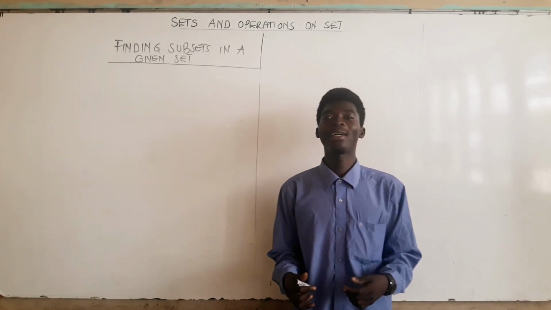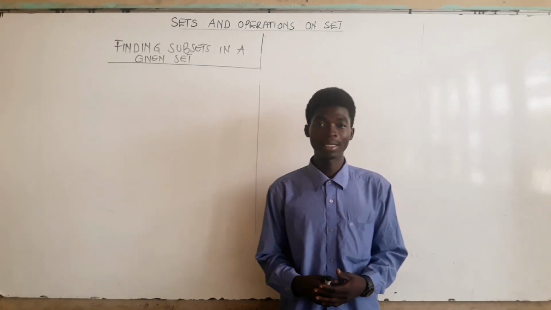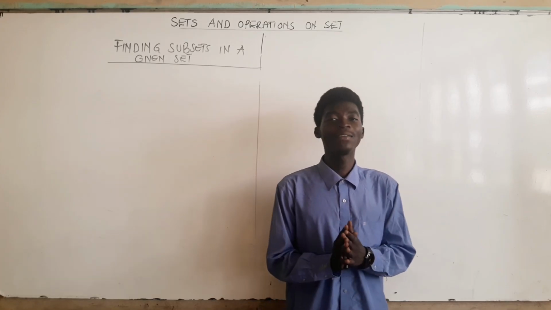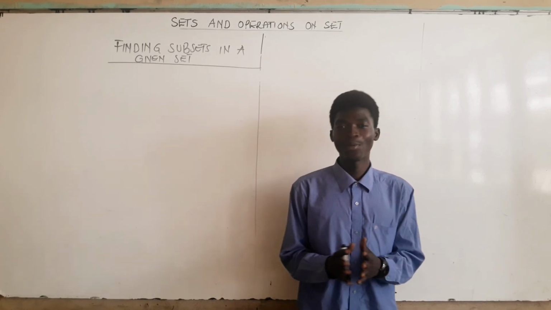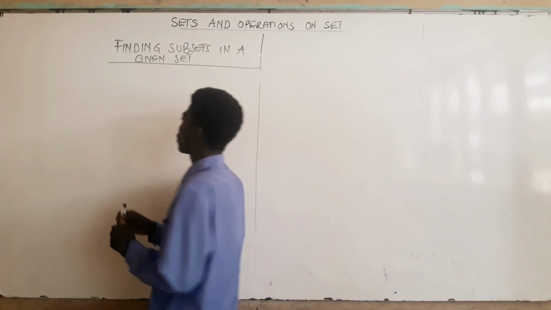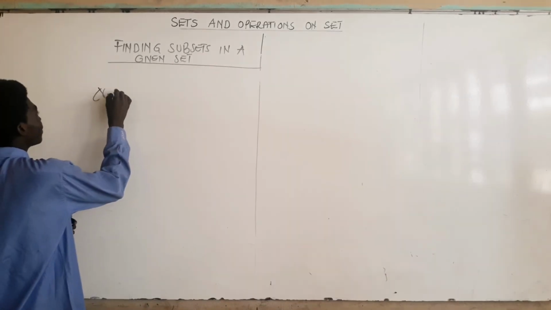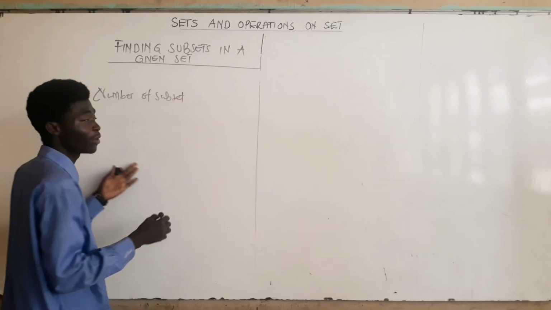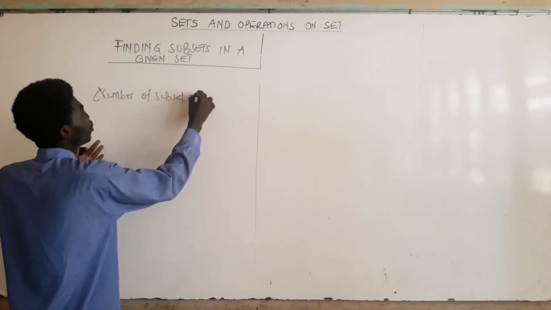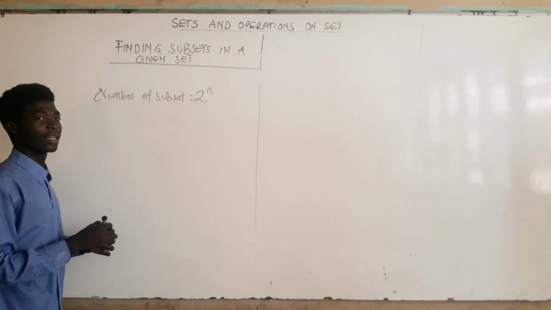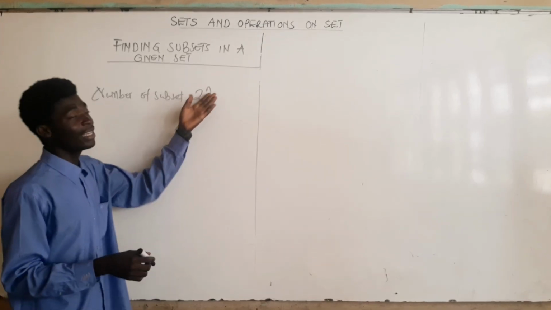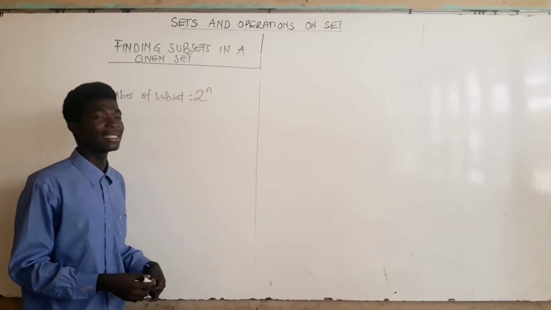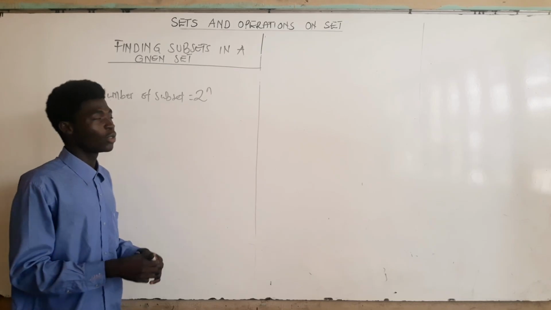So our next topic here is finding subsets in a given set. To find the number of subsets in a given set, there's a simple formula you can use. So the number of subsets is equal to 2 to the power n, and the n here represents the number of elements the set contains.